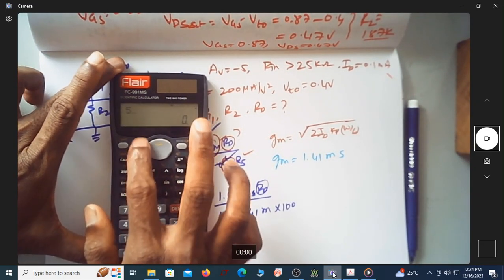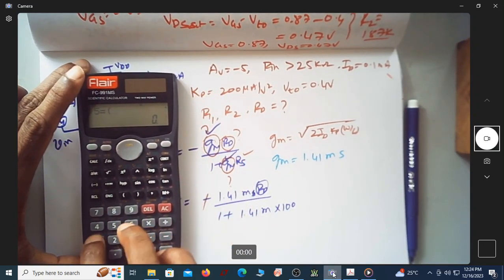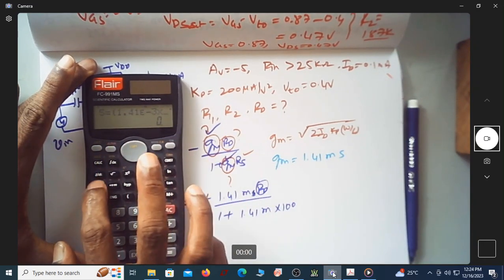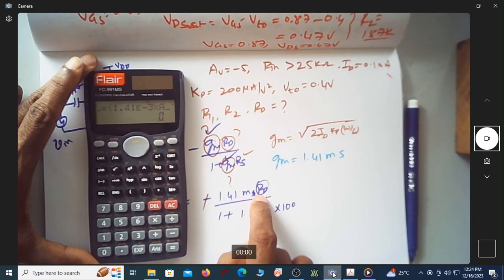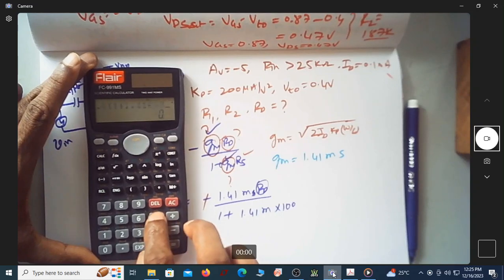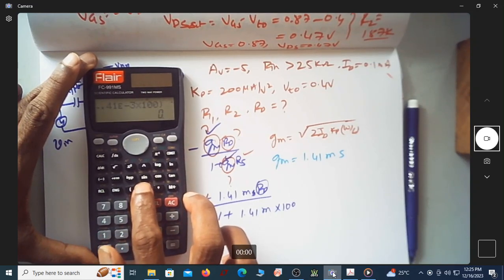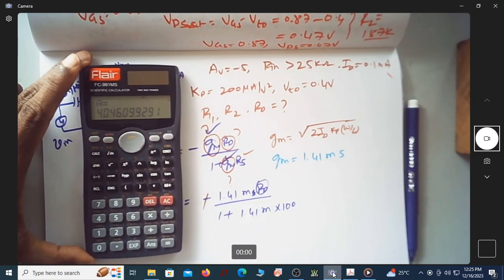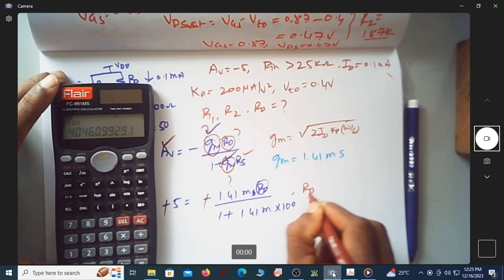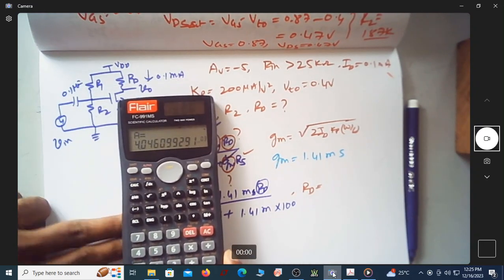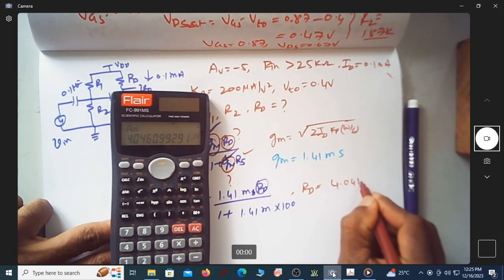So 5 equals, open the parenthesis, 1.41 exponential minus 3 into alpha, the unknown parameter, divided by, open the parenthesis, 1 plus 1.41 exponential minus 3 into 100, close the parenthesis twice, shift calculate. Whatever I get is the value of RD, which is 4.04 kilo ohm.